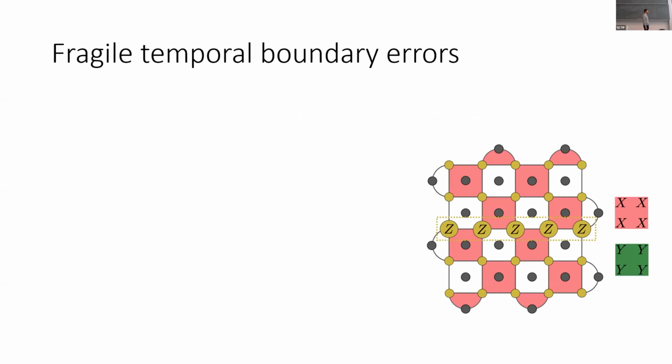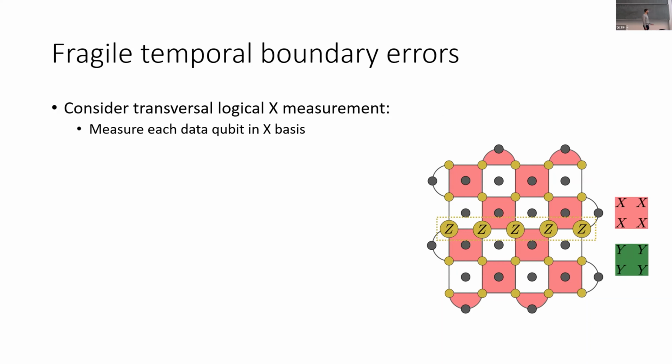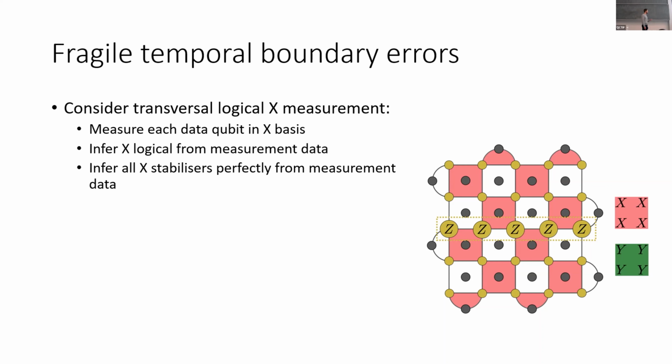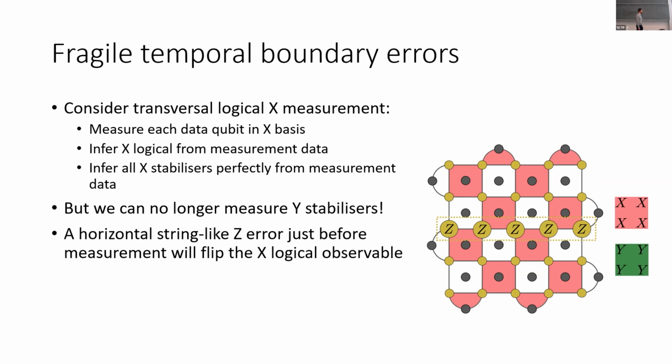So here are the fragile temporal boundary errors. Consider a transversal logical X measurement. So we measure every data qubit in the X basis. And then from those measurements, we can infer the X logicals from the measurement data, and we can also infer all of the X stabilizers perfectly from the measurement data. But we no longer have any access to the Y stabilizers. All of these individual X data qubit measurements anti-commute with the Y stabilizer measurements.